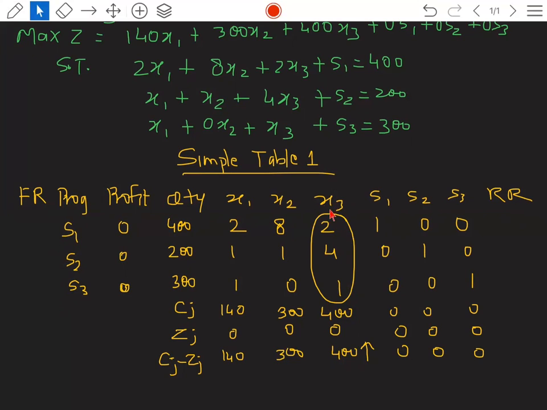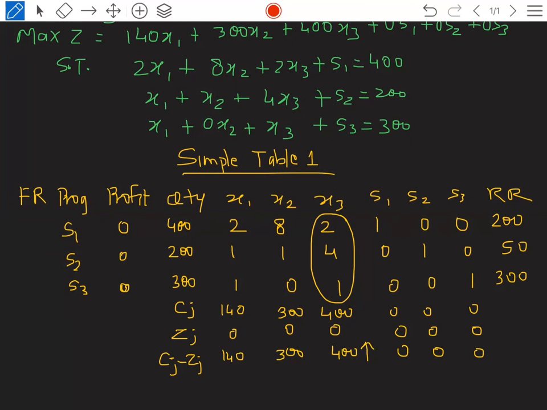But how much quantity of x3 is to be produced? That will be decided by the replacement ratio, which is simply 400 divided by 2, which is 200. Then 200 divided by 4, that's 50. And 300 divided by 1, that's 300. In this way we have the replacement ratios.